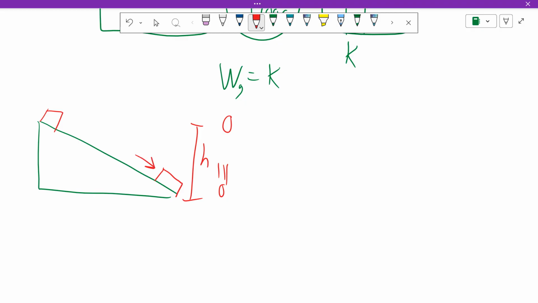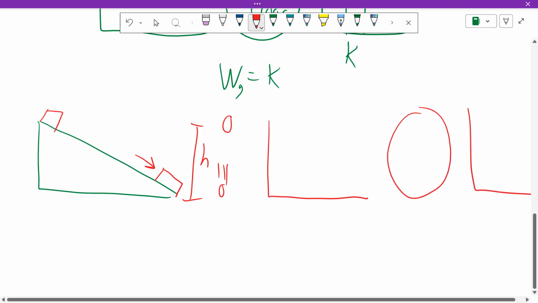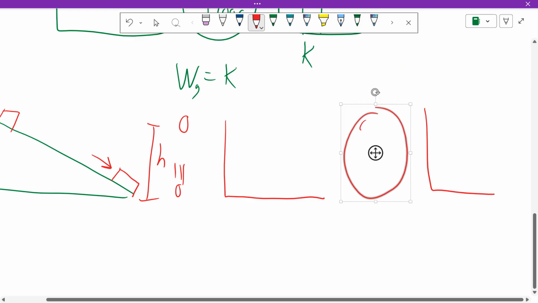The question is, what is different between these two? If there's no friction, it's actually kind of the same problem, at least the same setup. So we have the cart, we have the floor, or the ramp, we have the Earth.